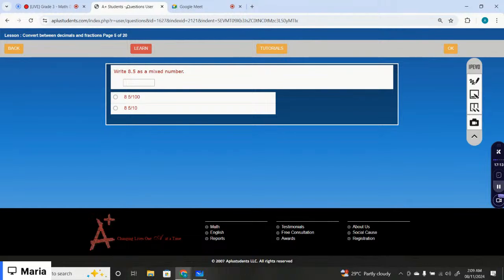That would be 85 divided by 10, because you have only one decimal place. So you need to add a 0 in the denominator. So that is 85 over 10.